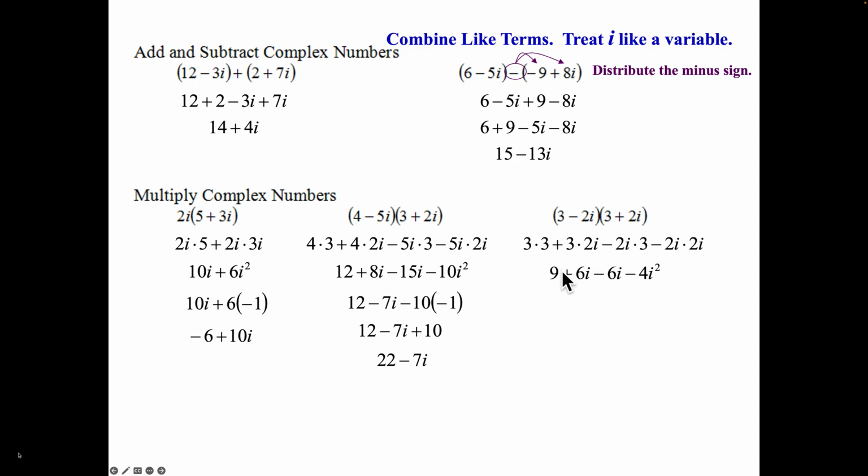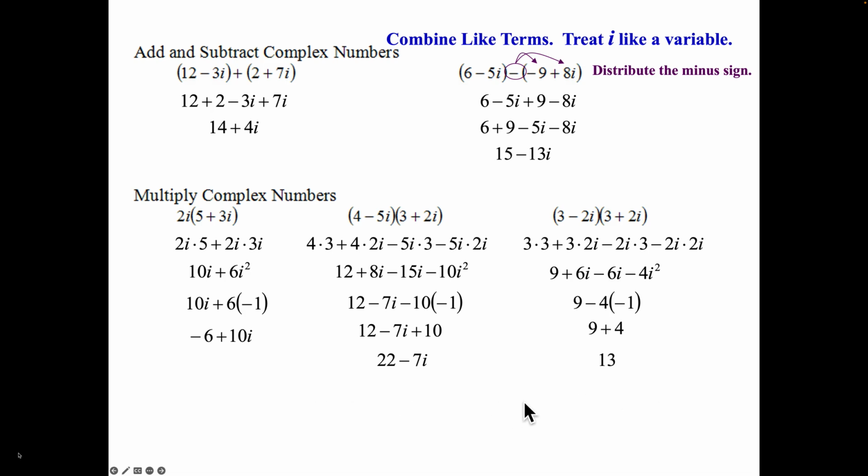Notice the two middle terms are opposites of each other, and they're going to cancel each other out. My i squared becomes a negative 1, and so negative 1 times negative 4 is going to be a positive 4, added together to be 13. So here's a case where we call those a conjugate pair. This will now become a complex conjugate pair.